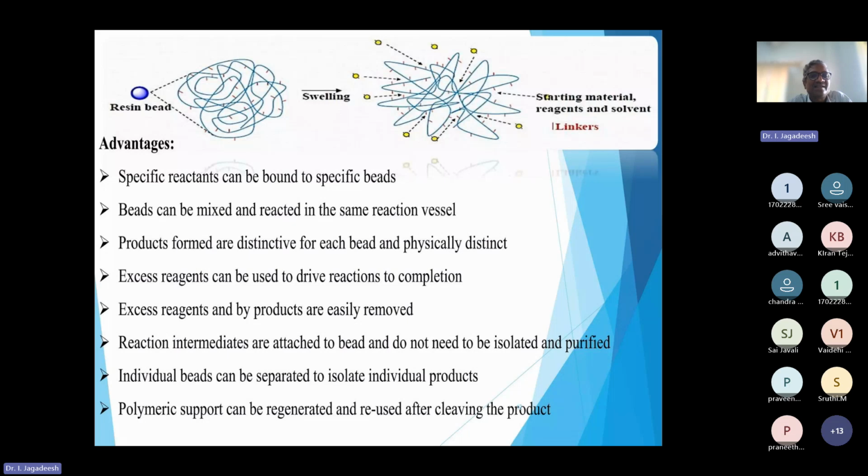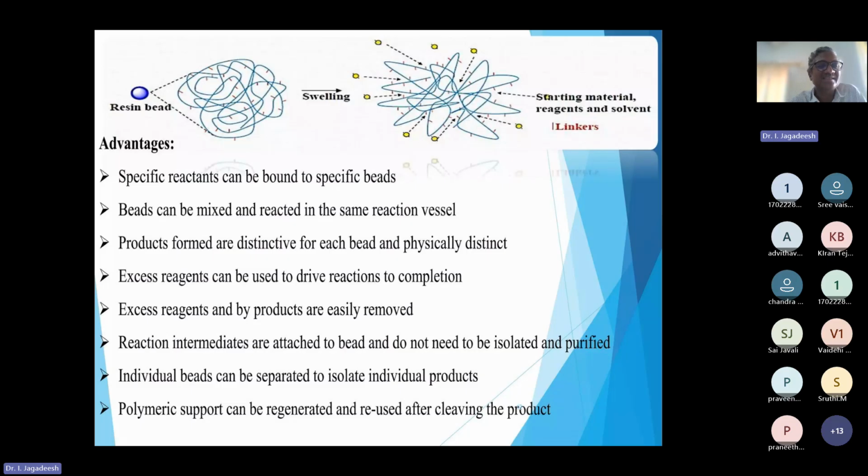Then it is swollen, with a porous and swollen nature. It will open multiple pathways, and the starting materials and the reagents get linked there. Then a product is formed, and the product is delinked later, followed by washing. Further purification will be done if necessary.